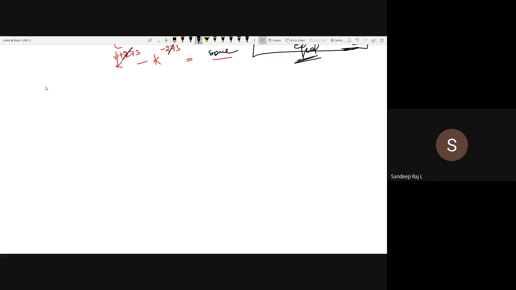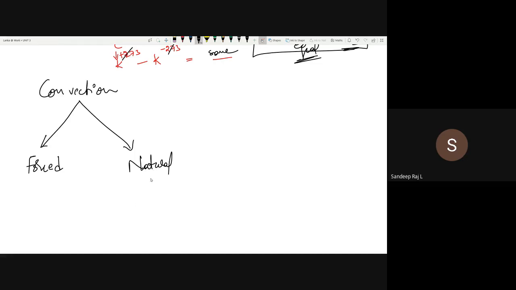But convection is basically of two types. The first one is forced convection, and the second one is natural convection. This natural convection is also called free convection. What is the difference between these two?